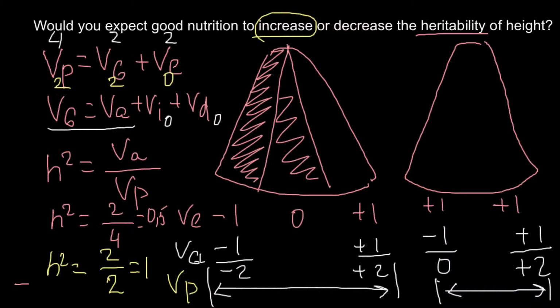And as you see, once again, good conditions, good nutrition, would increase heritability. And these are the two formulas and two examples that I showed you today that prove this concept.